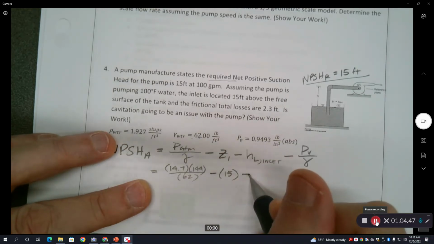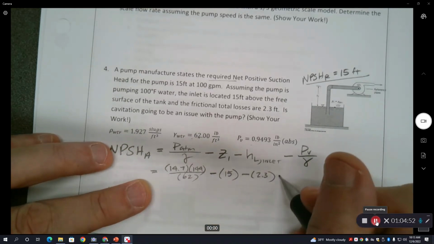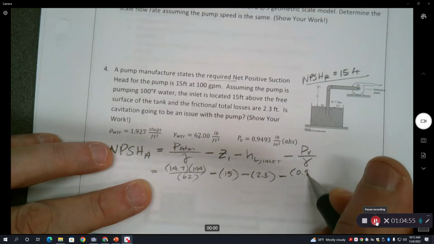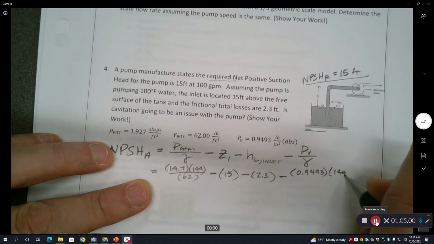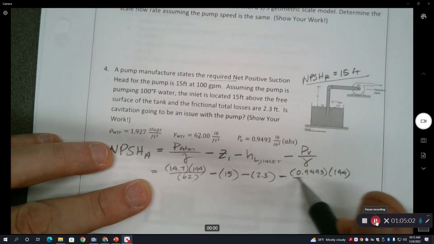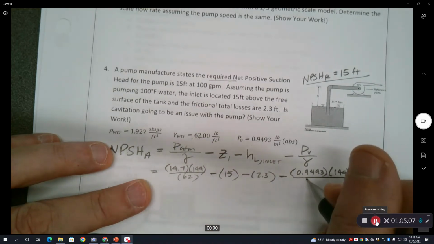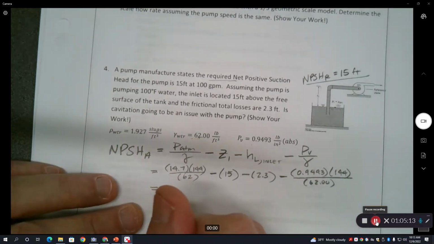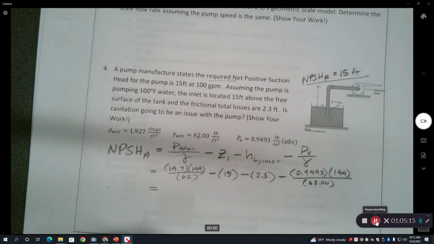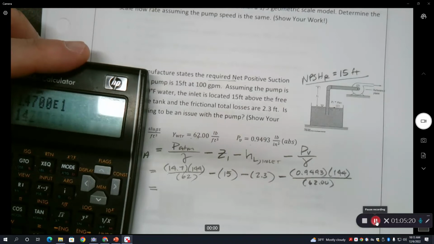The losses are going to be 2.3, and the vapor pressure is 0.9493. That also needs to be multiplied by 144 to get pounds per square foot, and then also divided by the specific weight, 62. So our 14.7, 144, 62 divided.